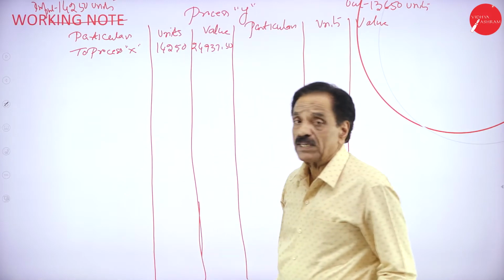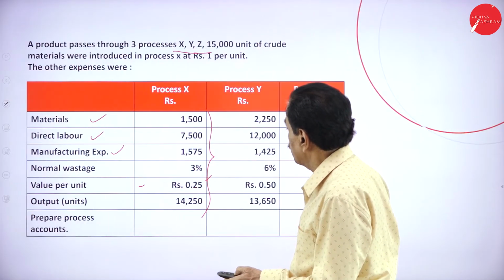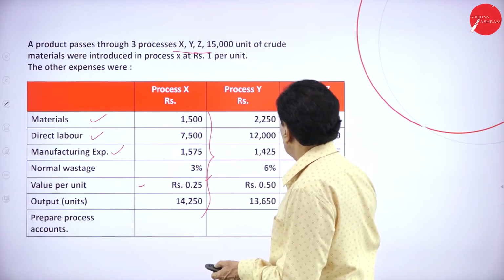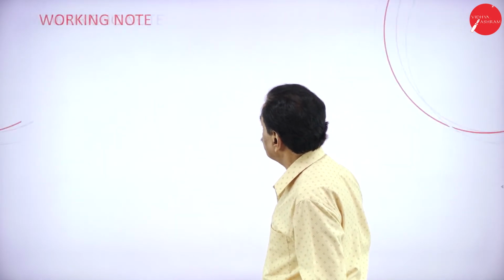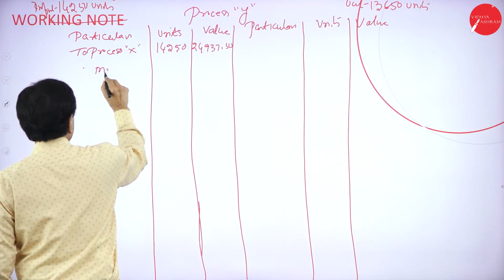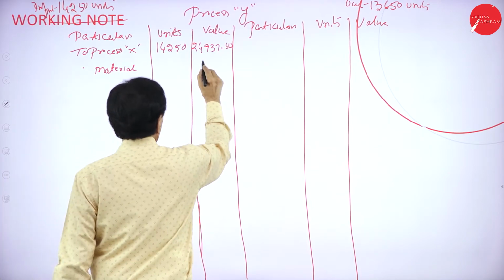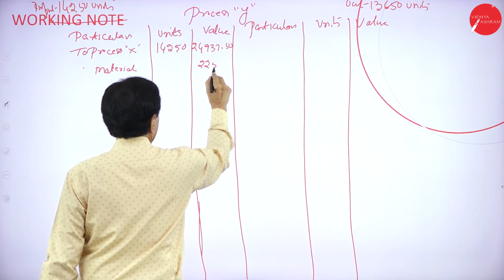This is a transfer entry from the last process. Then go with this process. Material, how much? 2,250. To material, value 2,250.